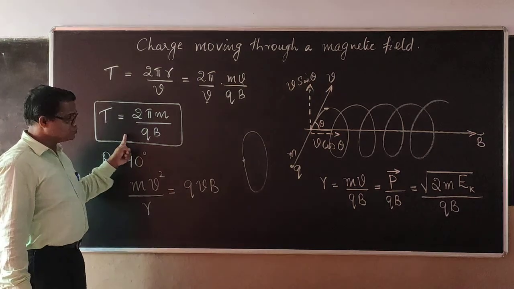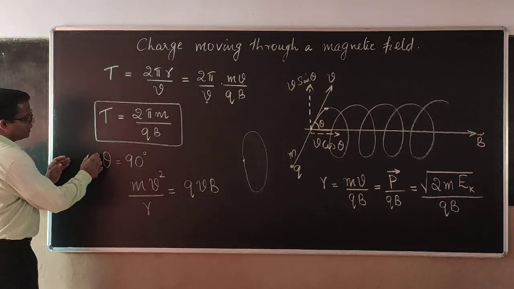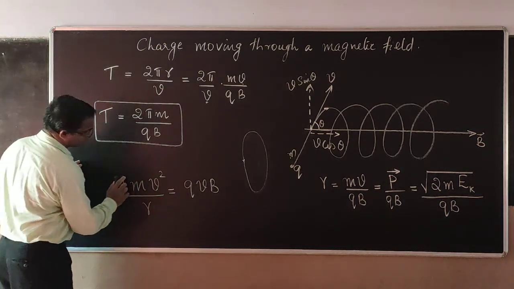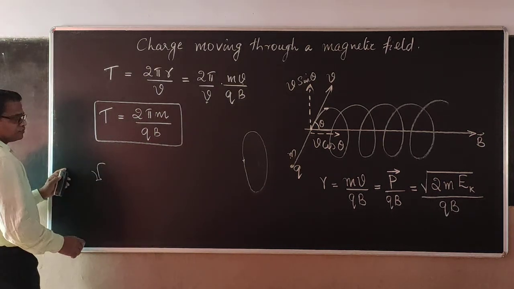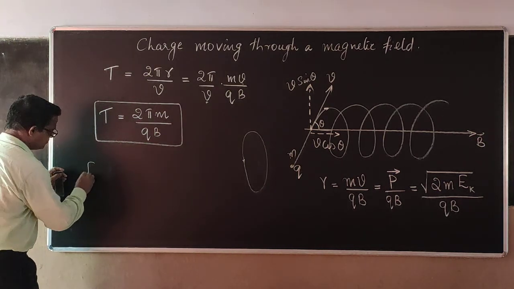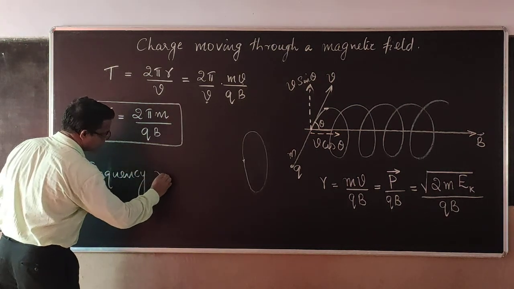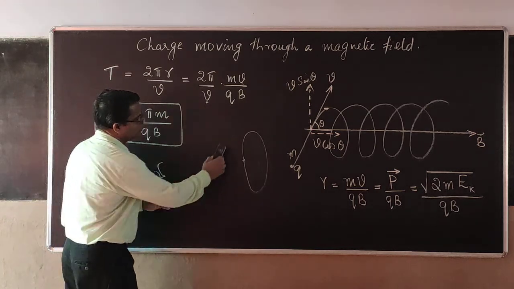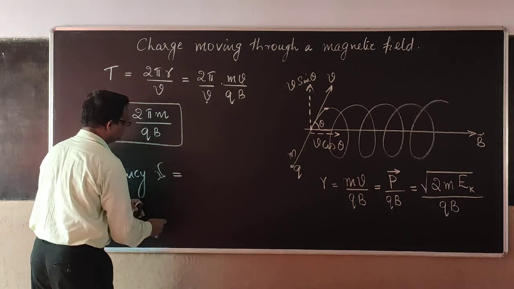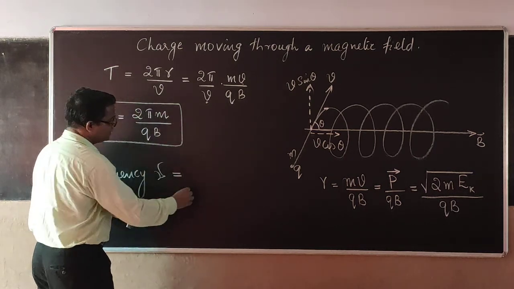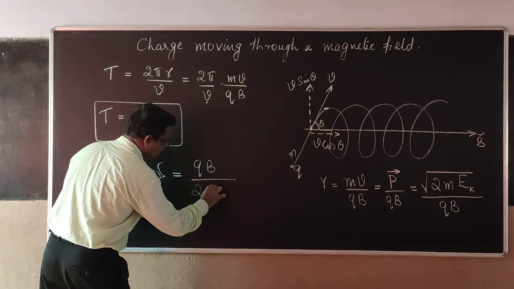If the time period is this much, then the frequency of the particle, nu, will be equal to the reciprocal of the time period, that is q into B by 2 pi m.